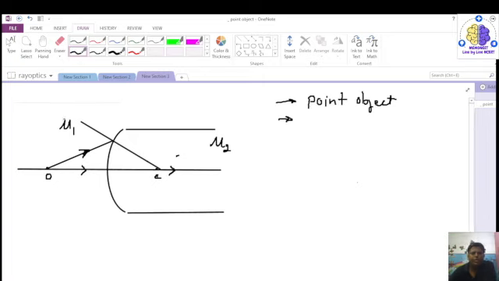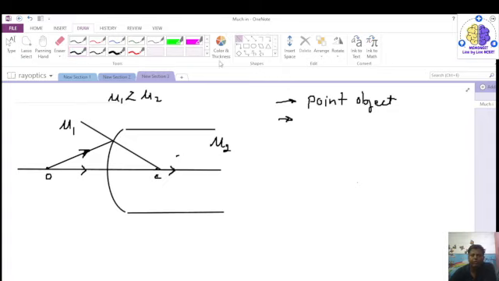the light ray is traveling from mu1 to mu2, and what we are considering here is that mu1 is less than mu2. That is, the refractive index of the first medium is less than the refractive index of the second medium. That is, the light ray is moving from a rarer medium to a denser medium. Therefore, after refraction, the light ray will bend towards the normal.